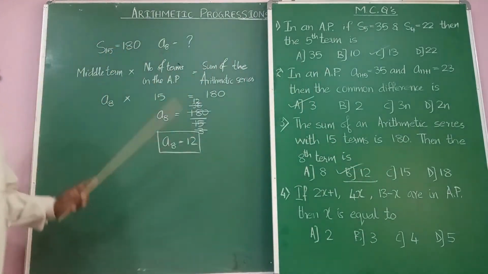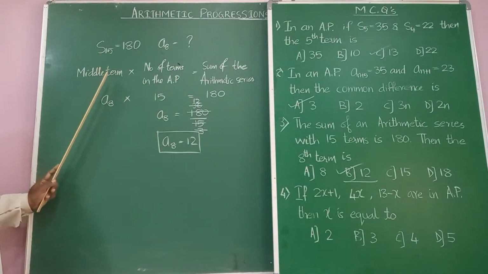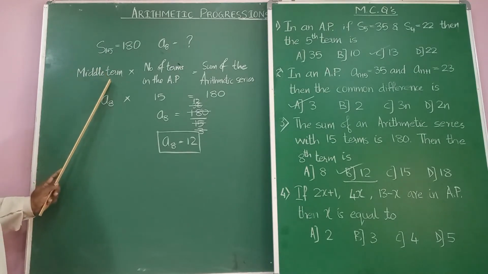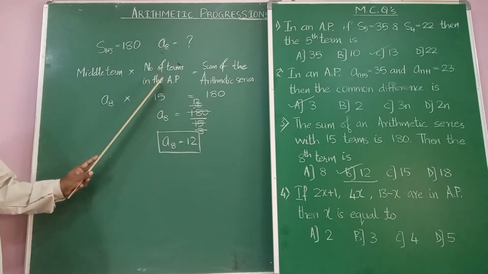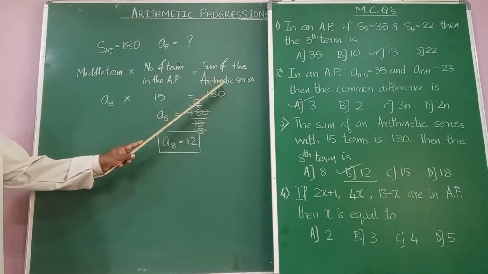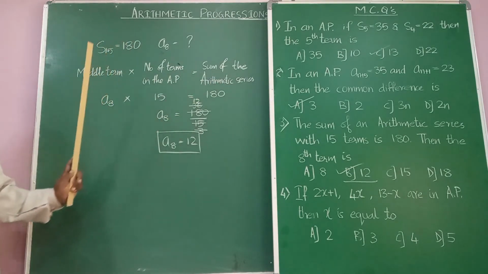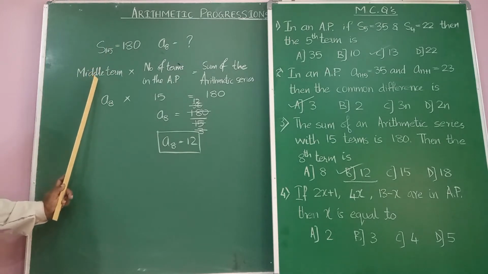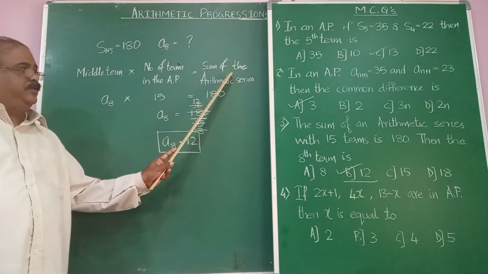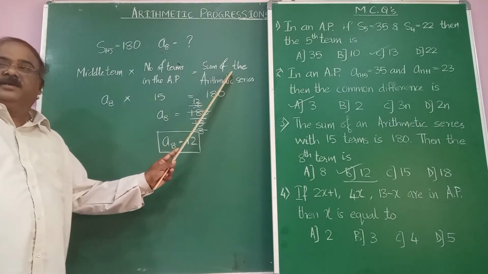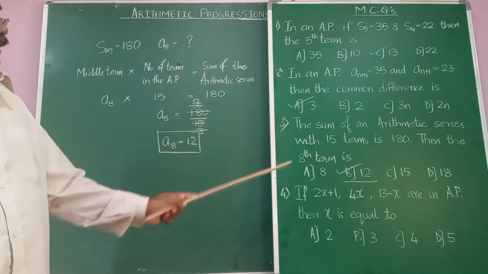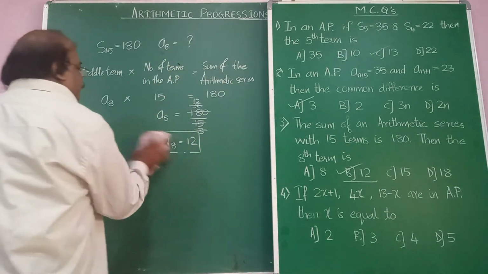Remember the formula: in an arithmetic progression, the middle term when multiplied by the number of terms will give you the sum of the arithmetic series. Sometimes they may ask you to calculate the middle term, sometimes they may ask you to find the sum of the arithmetic series. I'll give you another example of the same type.